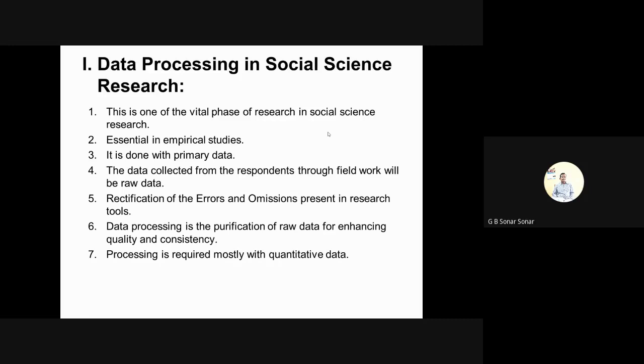Processing is required mostly with the quantitative data. In fact, processing is required with the qualitative data also. In the majority of cases, processing is required with the quantitative data or the quantification of the data.